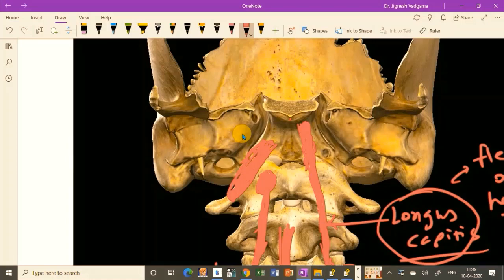So this muscle is the rectus capitis anterior.